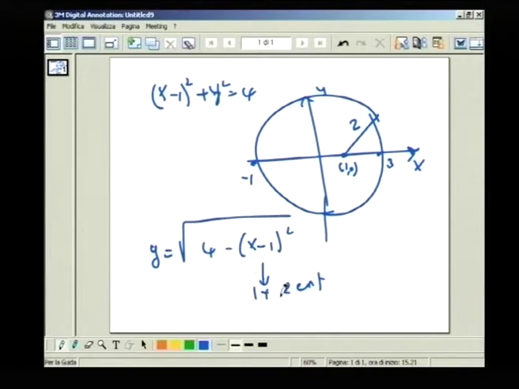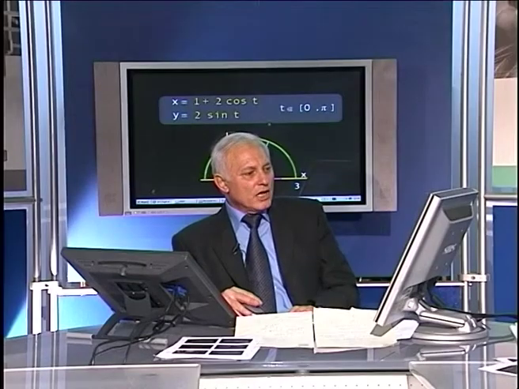So 1 cancels with 1, and you have 4 cosine squared t. So you have the square root of 4 minus 4 cosine squared t; you get 2 outside, and 1 minus cosine squared is sine squared. Under the square root, you get y equal to 2 sine t.